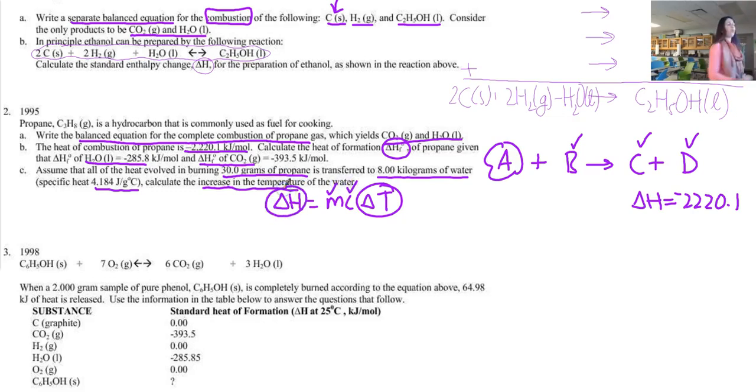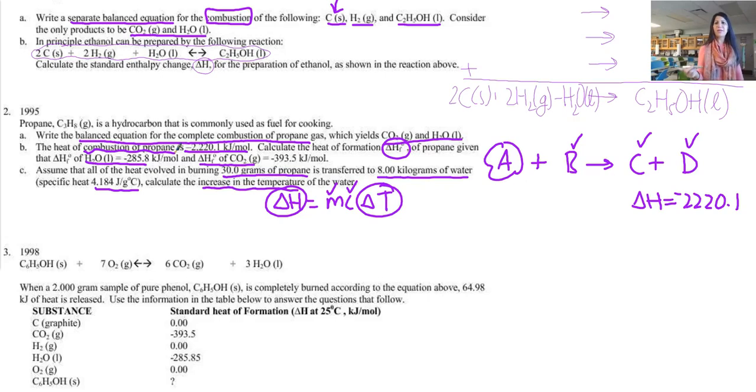The question is, what is the delta H for this reaction? Well, they're telling me that we're burning 30 grams of the propane, okay? Keep this in mind. Now, we know that the combustion of propane from letter B is negative 2220.1 kilojoules for every 1 mole. So what you basically need to do first before you do MCAT, and so don't put the negative 2220 here.